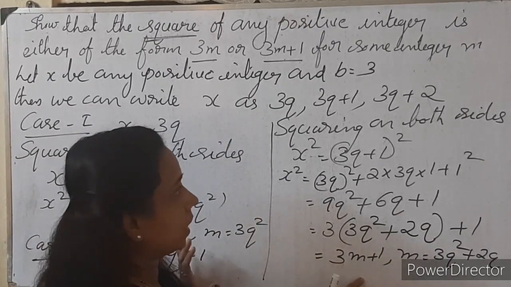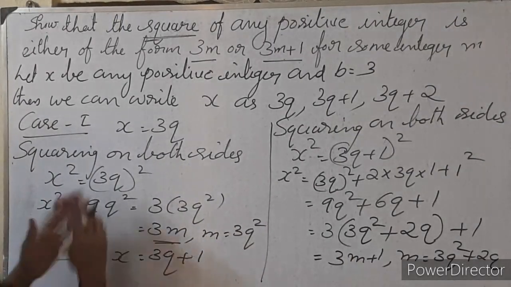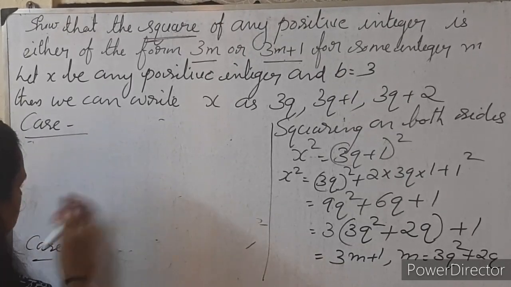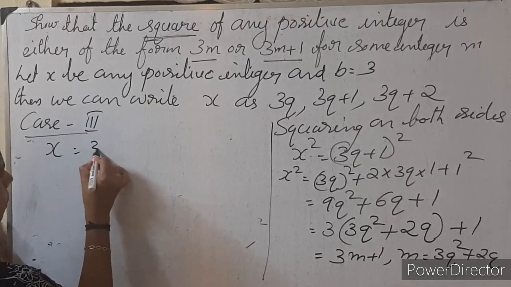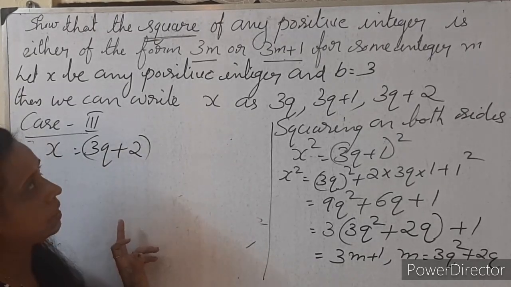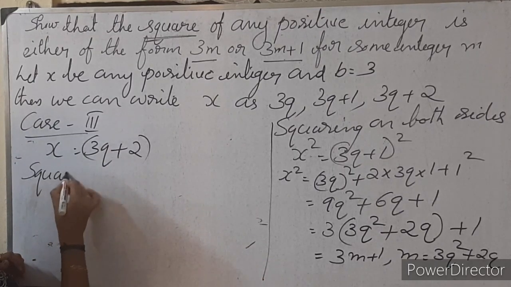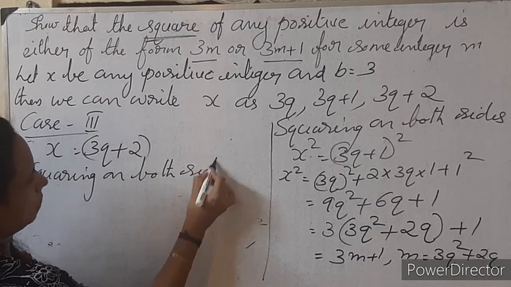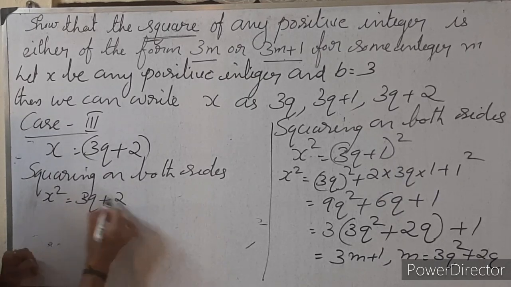Now the next one is case 3, that is when x is equal to 3q plus 2. What is the form of this? Squaring on both sides, x square is equal to 3q plus 2 whole square.